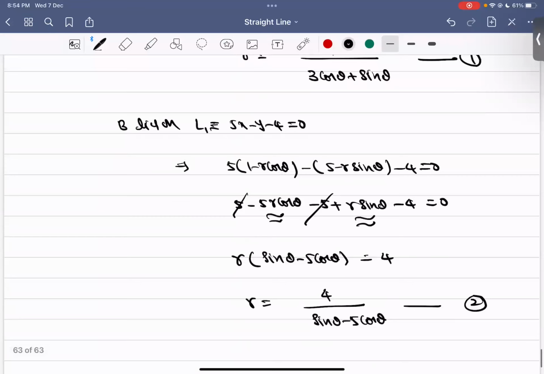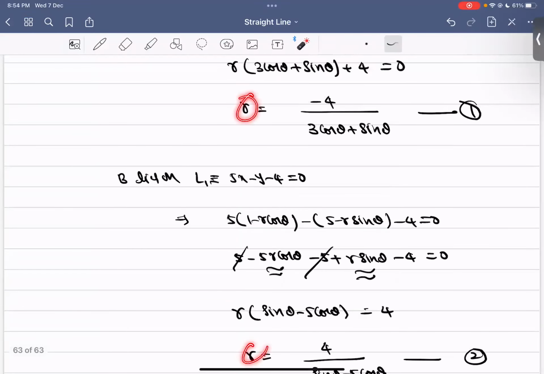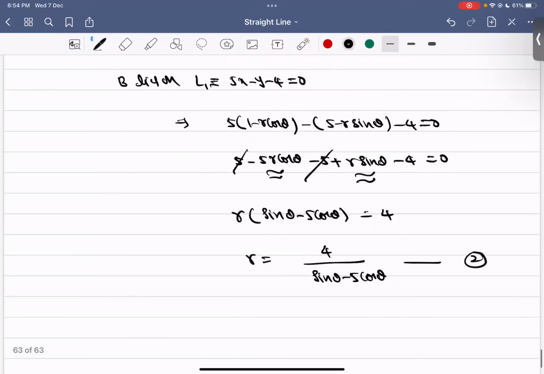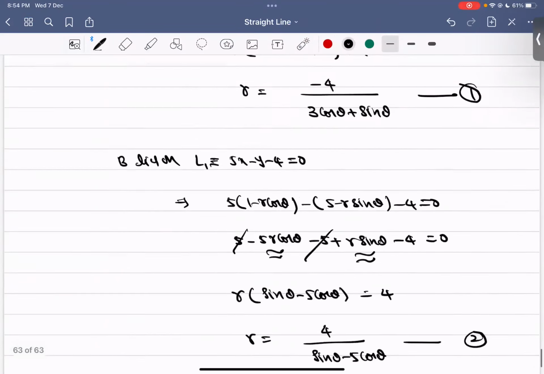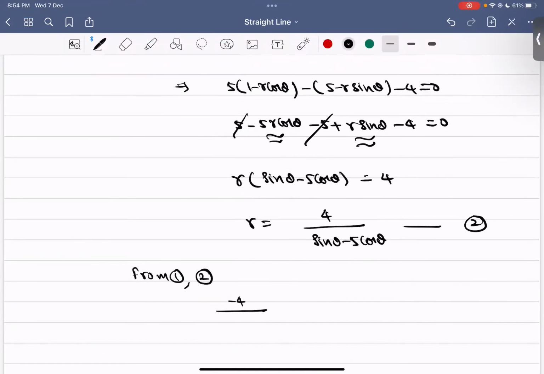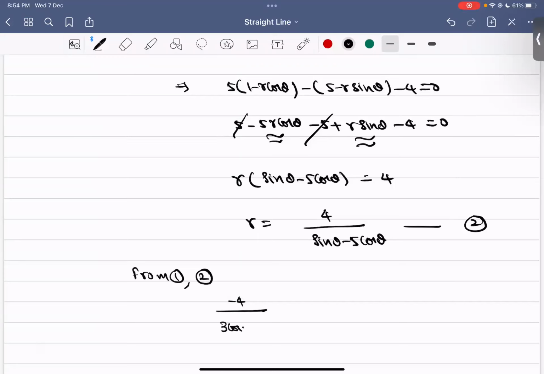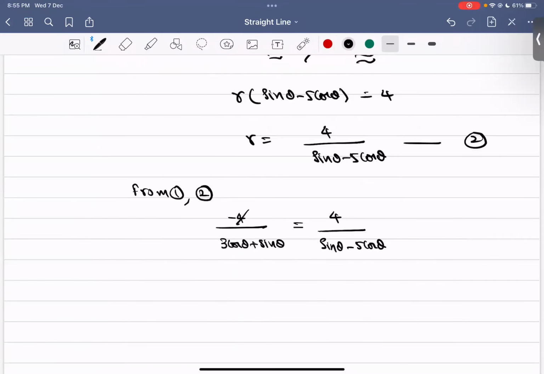Now 1 and 2 are the same. The left hand side is r, therefore equate the right hand sides, because our requirement is tan theta, the slope of the line. So from 1 and 2, minus 4 by 3 cos theta plus sin theta is equal to 4 by sin theta minus 5 cos theta. Here 4 cancels.